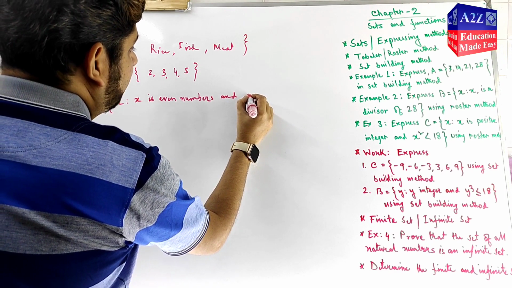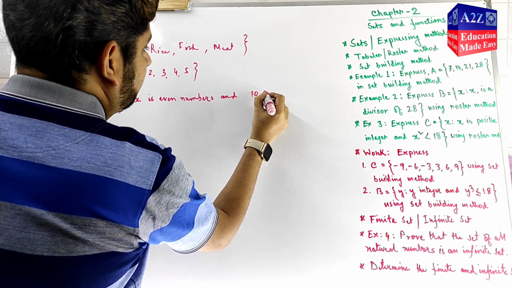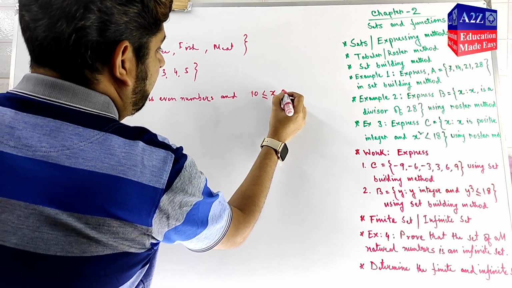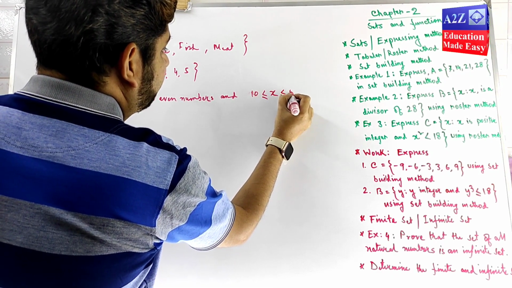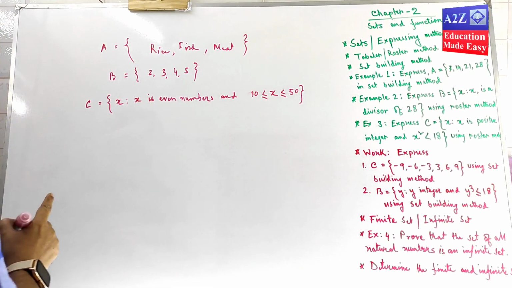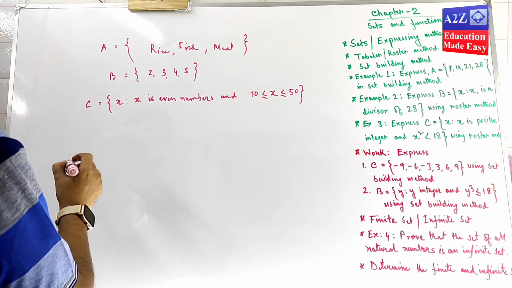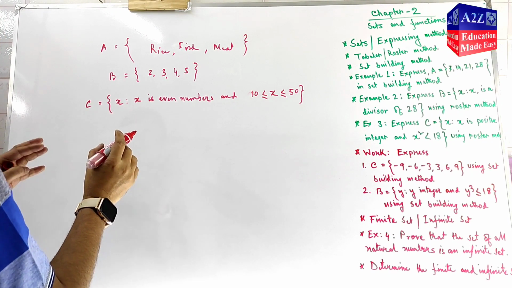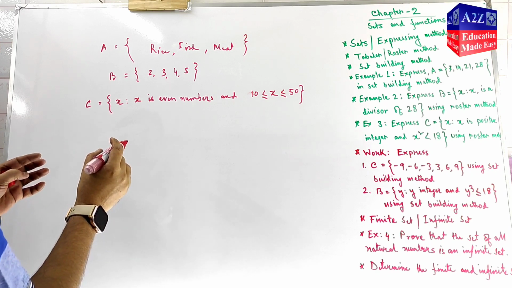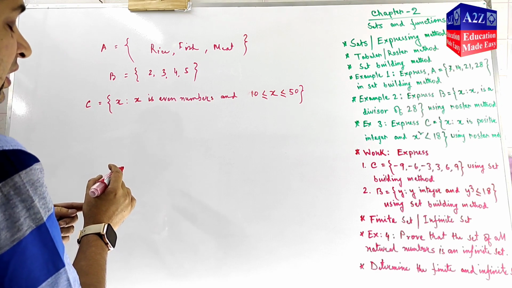That means x is greater than or equal to 10 and less than or equal to 50. This is just stating the two common properties, the conditions given in the question, because I would like to prepare the set of all even numbers ranging between 10 to 50.